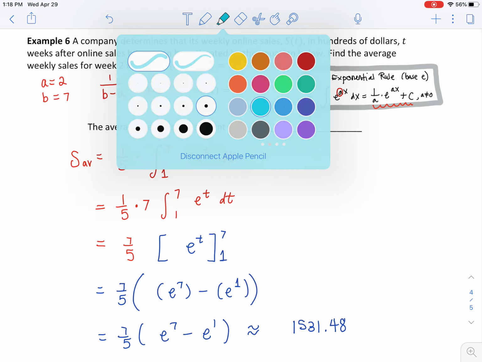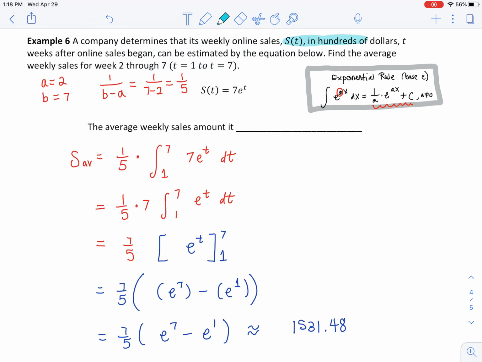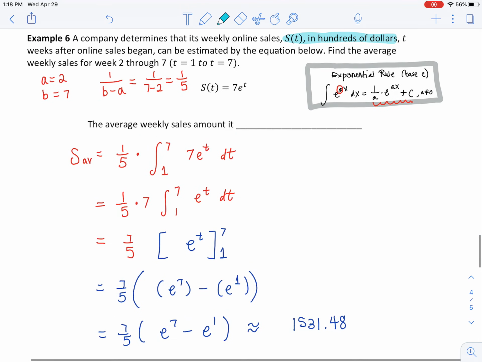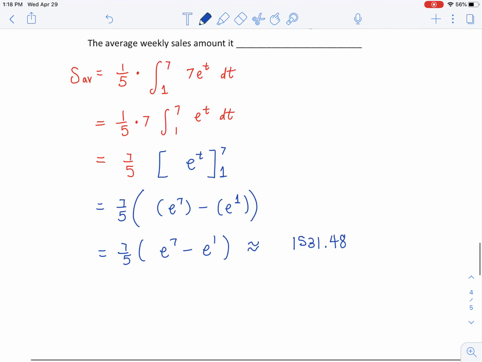Oh, hold on a second. I'm going to go ahead and erase this. Why? Because I think I read something about the units of this. Now, S of t, let me highlight this part for you. S of t was in hundreds of dollars, right? So it's not $1,531.48. I need to multiply this number by what? 100, because it was in hundreds of dollars.